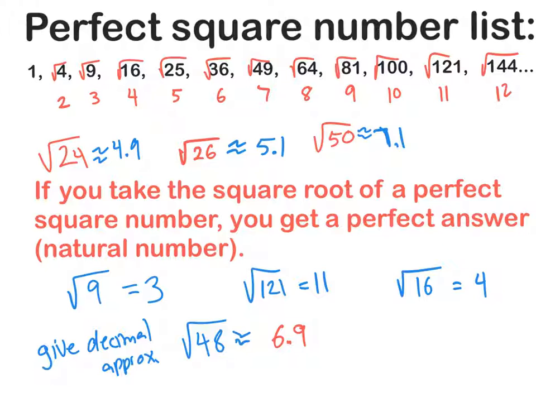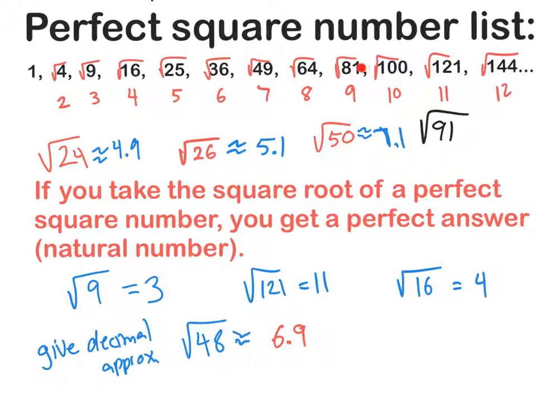Now let me throw a curveball at you, because so far all of these, oh, this one's right before 25. Oh, this one's right after 25. Oh, this one's right after 49. What if I told you to approximate the square root of, let's say, 91? Where's that at? Is it over here?